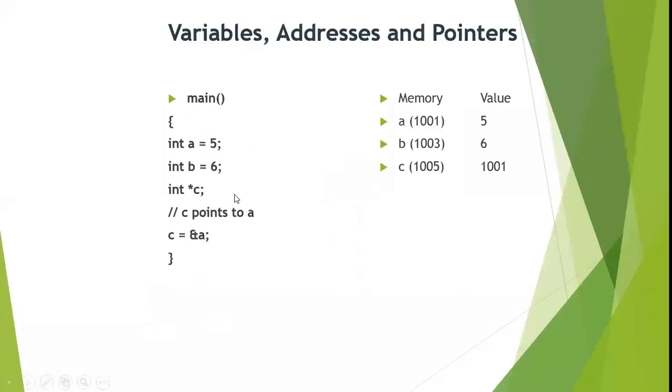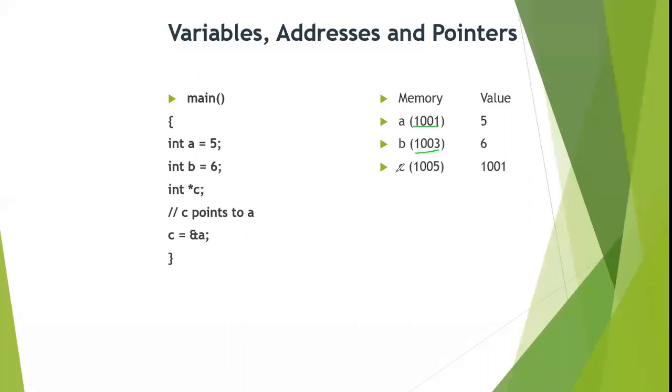So I have a program. This program says int a equals 5, int b equals 6. So a has value 5, b has 6, and a is stored at which memory location? 1001. b is stored at which memory location? 1003. And I'm saying int pointer c.